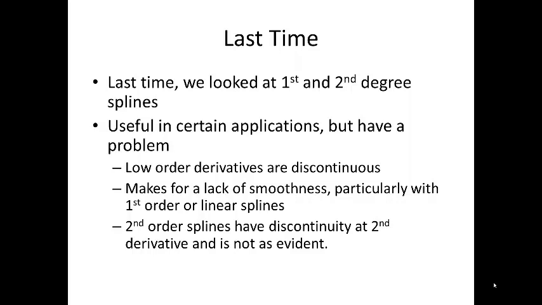The second order splines have a discontinuity at the second derivative, and the lack of smoothness is not as evident. Still, the curvature of the quadratic spline tends to change abruptly at each knot, so the curve may not be as pleasing to the eyes as we would like.